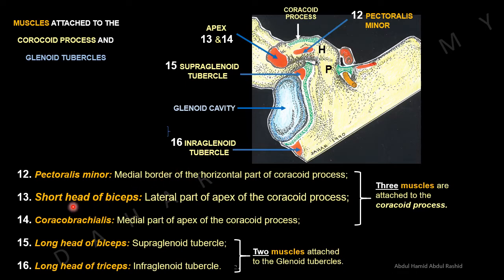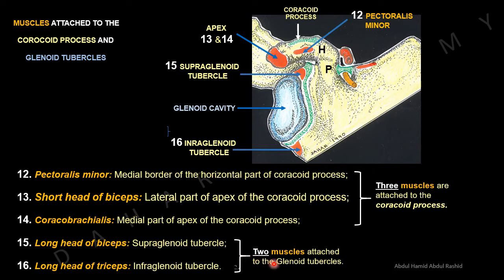Next is the short head of biceps muscle, which is attached to the lateral part of the apex of the coracoid process. Next is the coracobrachialis muscle, which is attached to the medial part of the apex of the coracoid process. Number 13 and number 14.